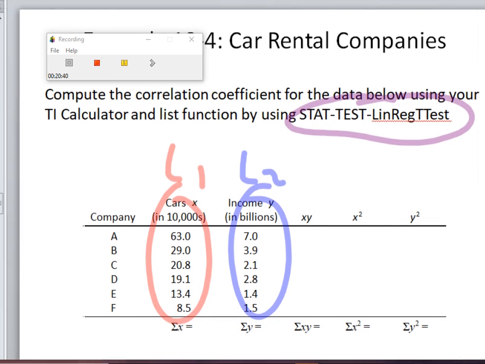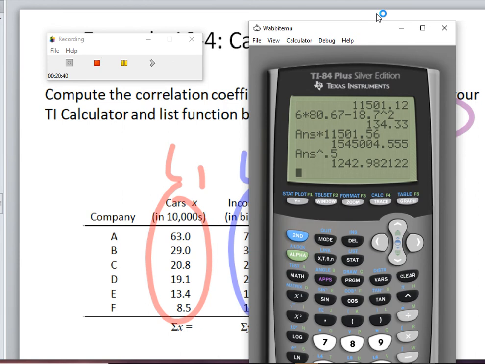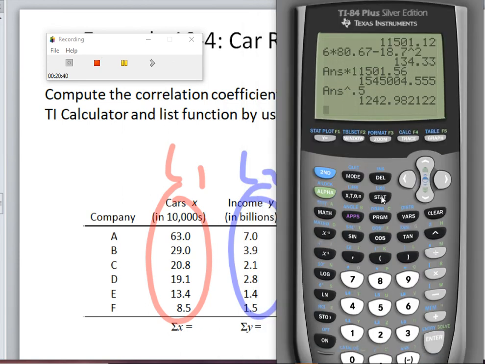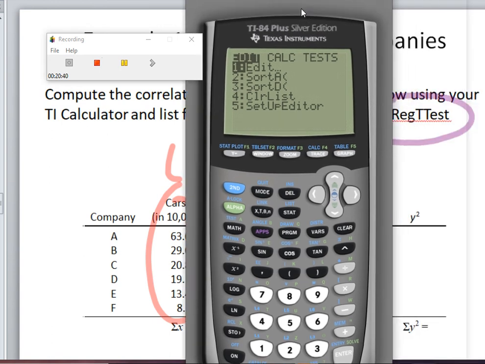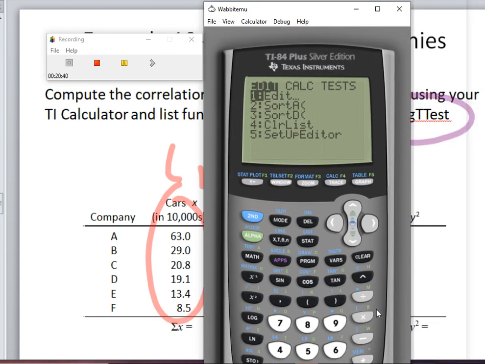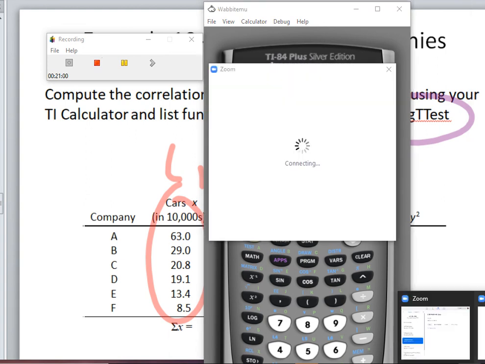So here's my calculator. I'm going to go to stat, right here in the middle, stat, over to test. You guys see test right here? Hopefully, I'll move it over. I can't see your calculator. Oh, am I not sharing anymore? Oh, hold on a second. My internet's coming back on.